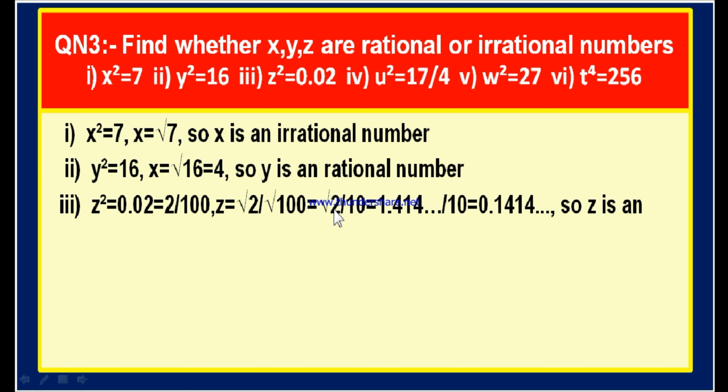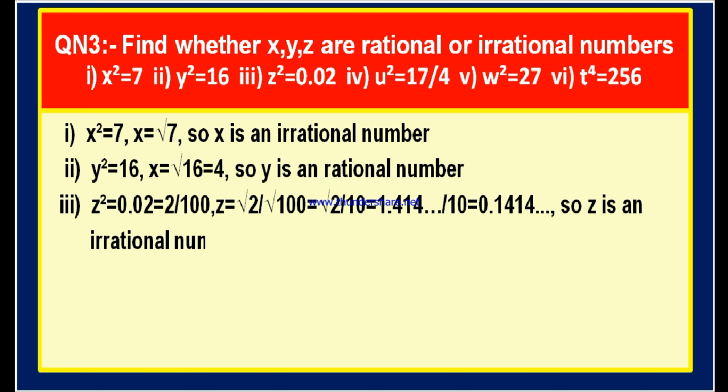Root 2 is 1.414, divided by square root 100, which is 10. 1.414 divided by 10 is 0.1414 and so on. And this is a non-terminating, non-recurring number. So it is an irrational number.